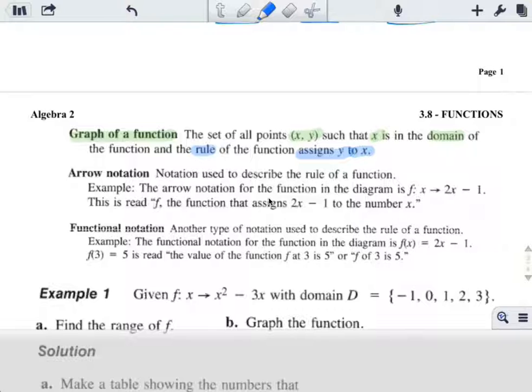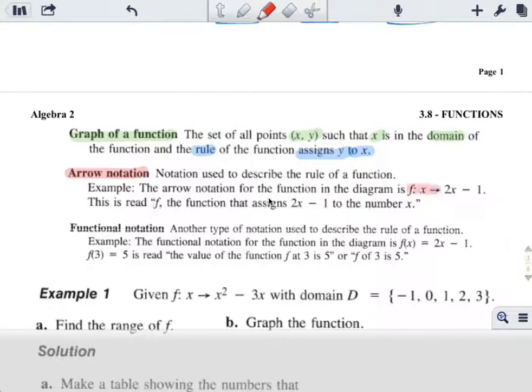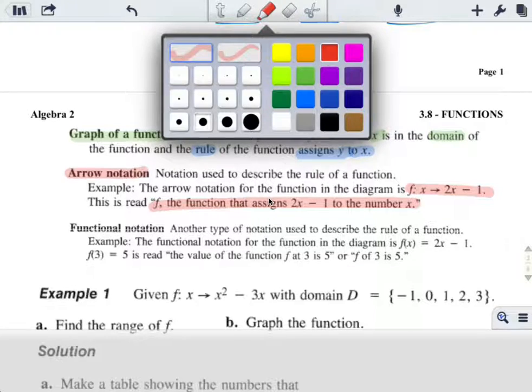We've got two different types of notation. The first is arrow notation. It looks like this. Okay, we read this as f is the function that assigns 2x minus 1 to the number x. In other words, our input x, we double x and subtract 1. We also have what we call functional notation.